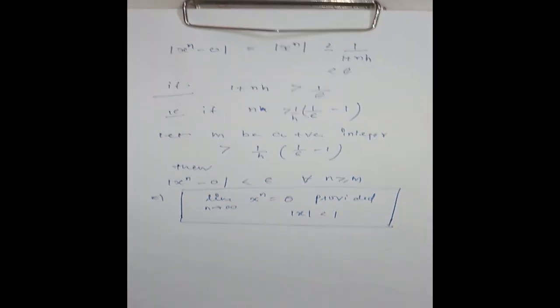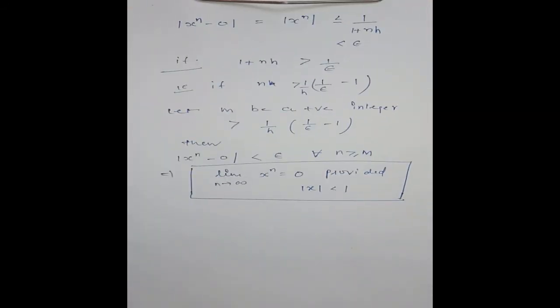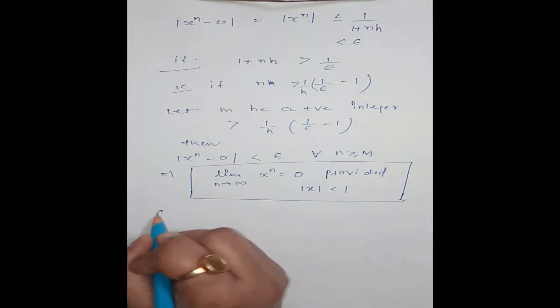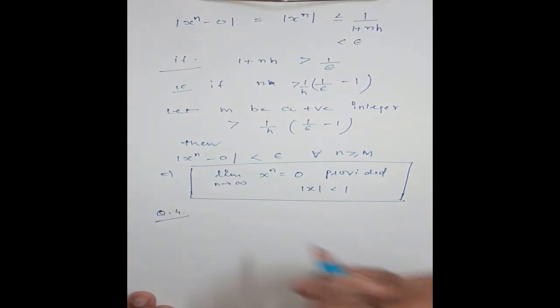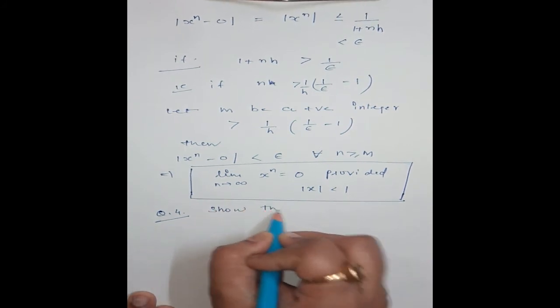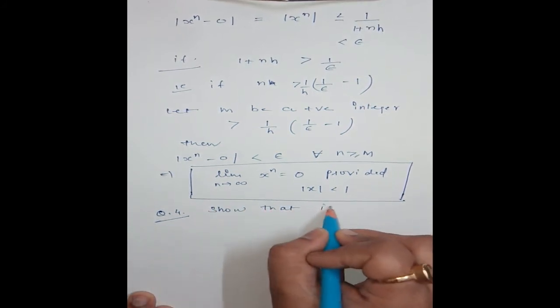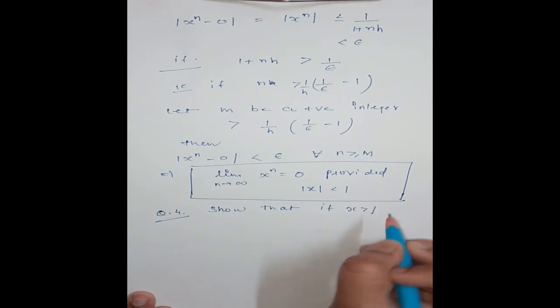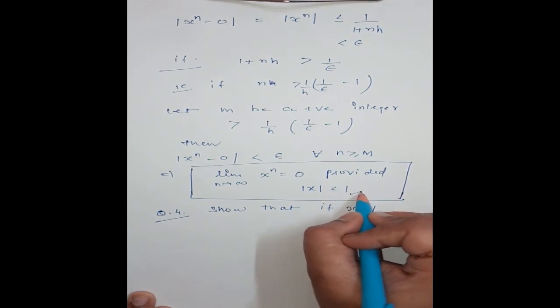Hence proved. Okay, clear. Now we consider the next problem. Show that if x is greater than 1, here we have taken mod x is less than 1.